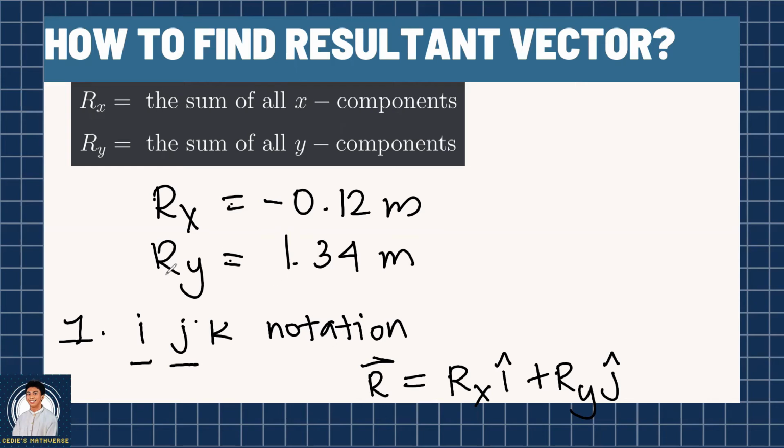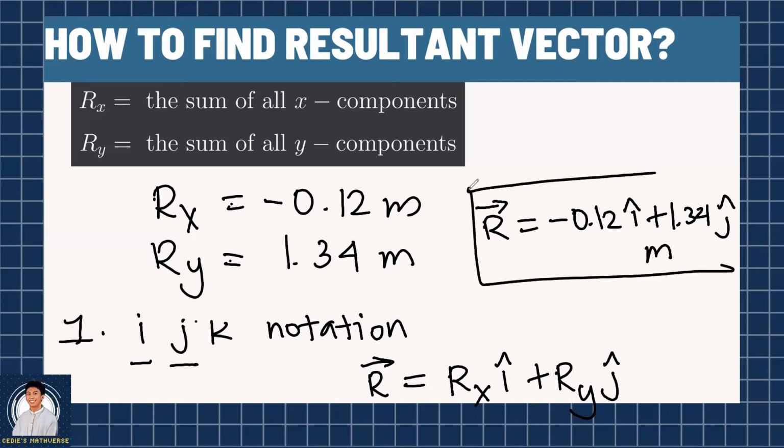Given that, we can express the resultant vector of our problem as: resultant vector is equal to negative 0.12 i hat plus 1.34 j hat meters. This is one form that we can use.